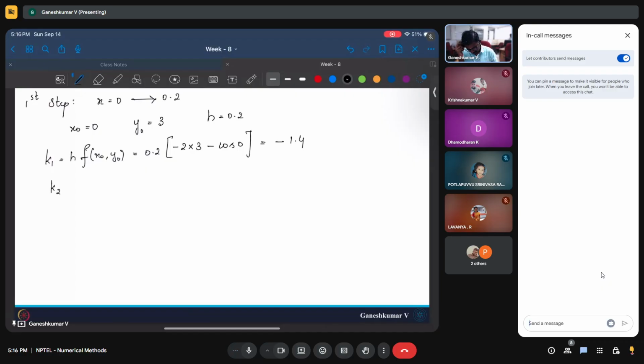This is going to be minus 7 into 0.2, minus 1.4. And k2 is going to be h times function of x naught plus h by 2, where x naught is 0, y naught plus k1 by 2. So which means 0.2 into some function of minus 2 into y naught, which is 3 minus 1.4 by 2, minus cos of 4 times x naught plus h by 2, that is cos of 4 times 0.1.